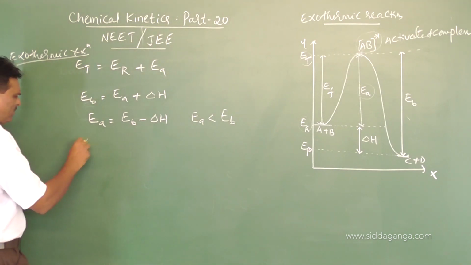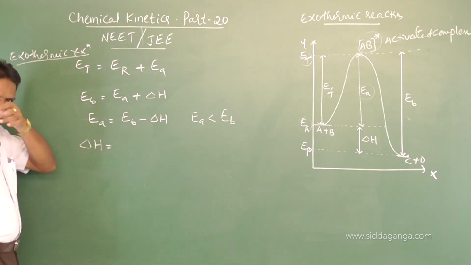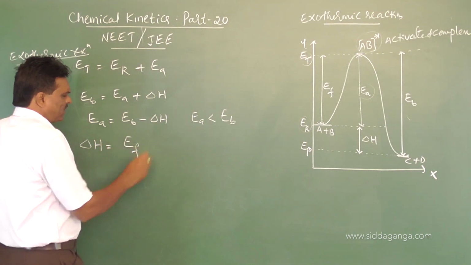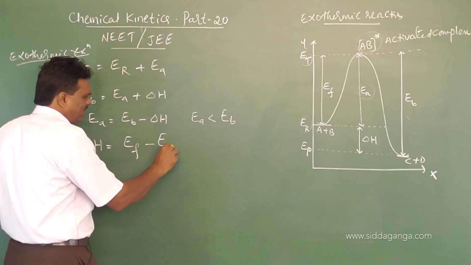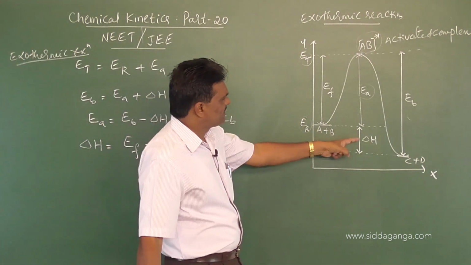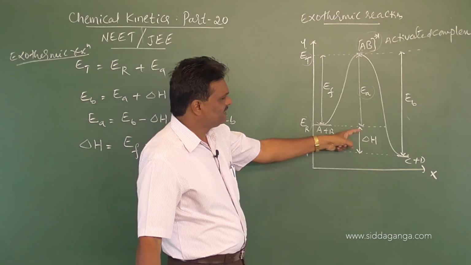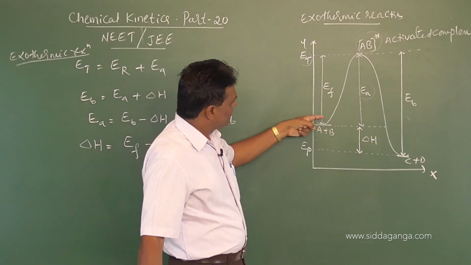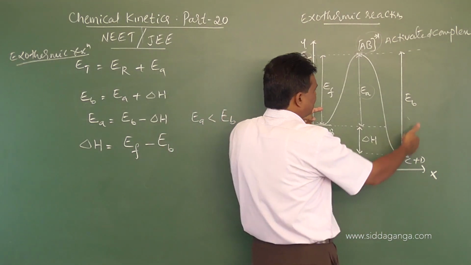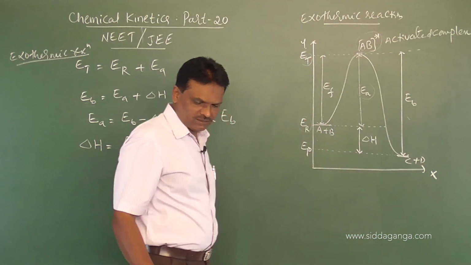And also you know that delta H is equal to the energy of activation for the forward reaction minus the energy of activation for the backward reaction.